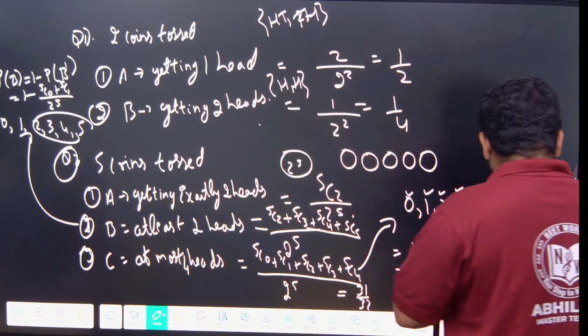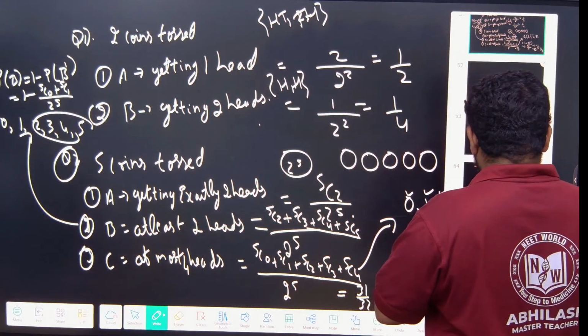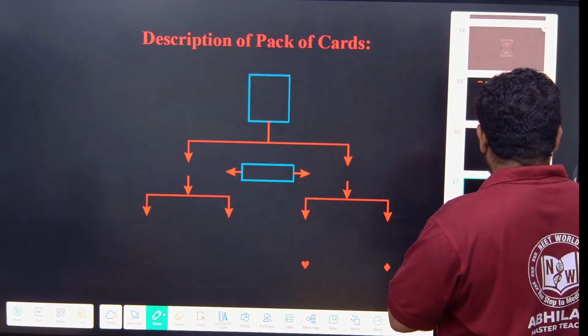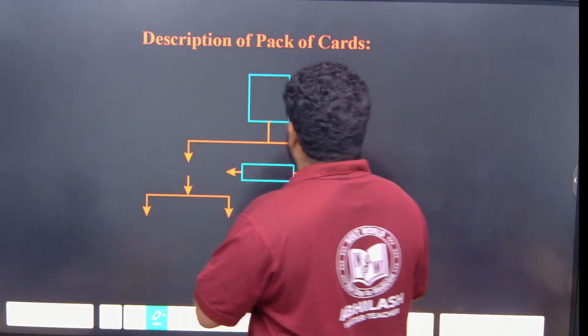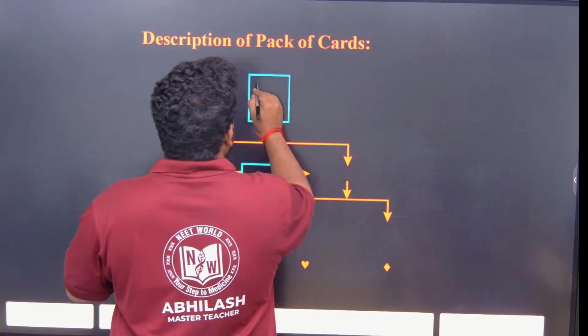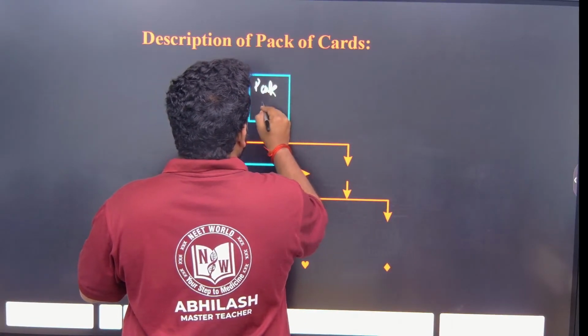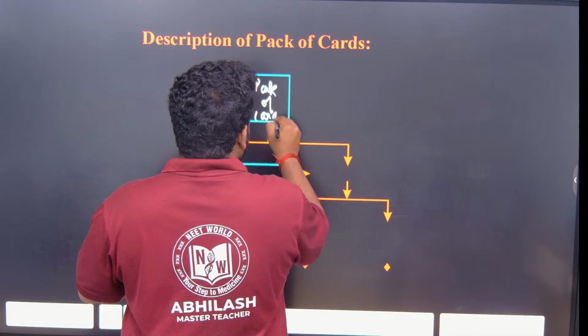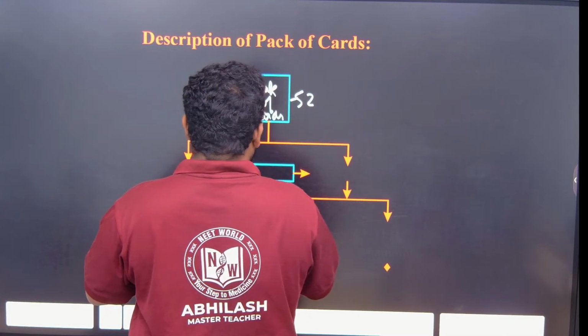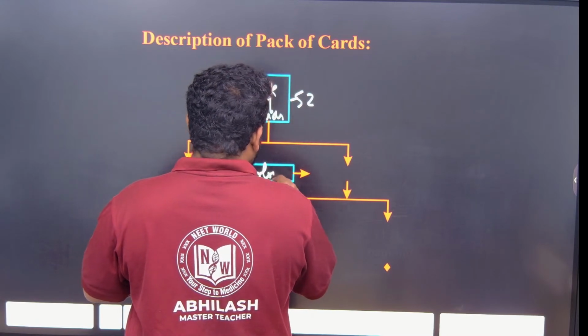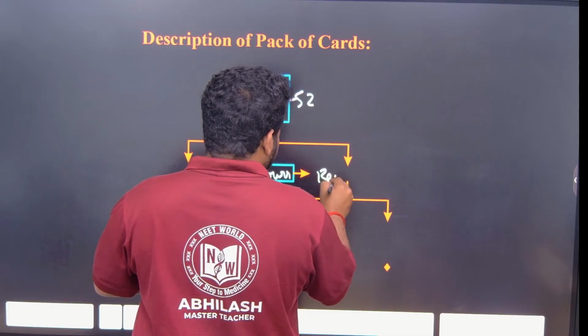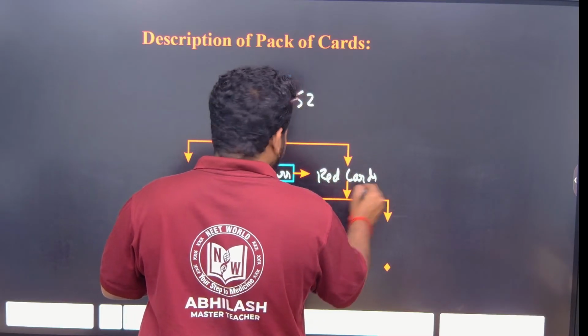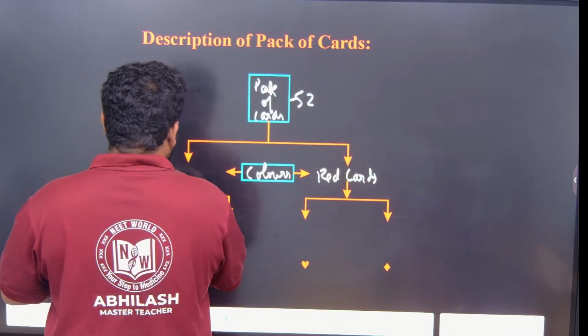Now, before we go there, please make a note of this. Description of a pack of cards. There are 52 cards. In terms of colors, one is red cards and another is black cards.